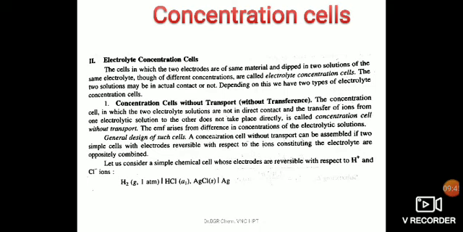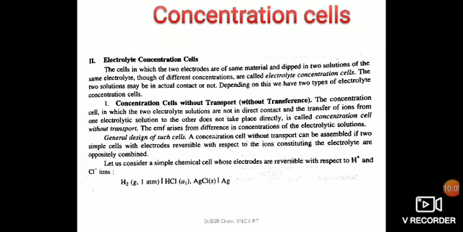It is a concentration cell in which the two electrolyte solutions are not in direct contact and the transfer of ions from one electrolytic solution to the other does not take place directly. The EMF arises from the difference in concentrations of the electrolytic solutions.